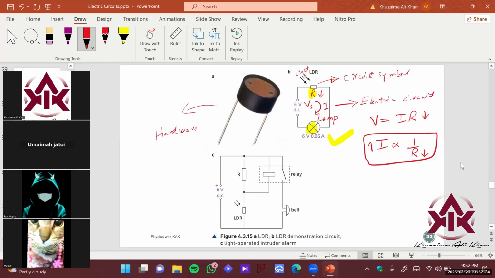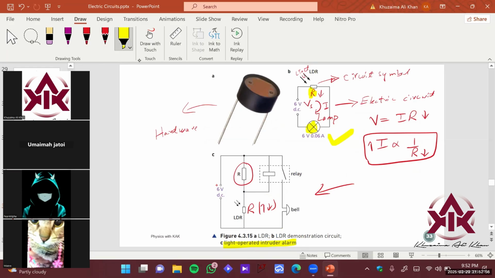This is the application, and this is a simple circuit, the light intruder alarm circuit. So what is it showing here? This is the resistance of the LDR, and this is a fixed resistance. As the LDR resistance increases or decreases, it causes the relay to activate, and that is going to sound the bell here.